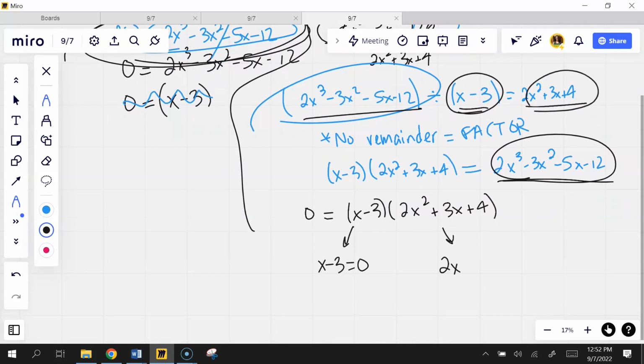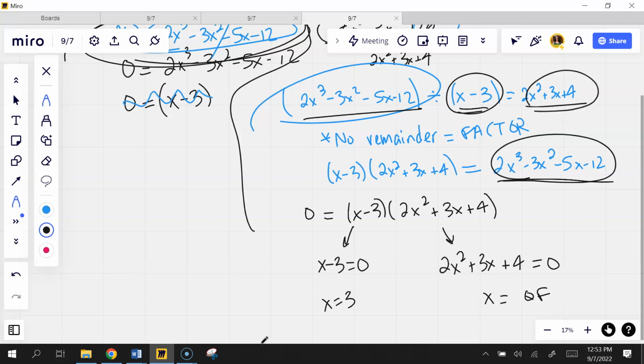Why are you going to distribute? Oh, you got the quadratic formula. Whatever you get when you do the quadratic formula, because it doesn't factor, right? Y'all, are you following me? Nothing multiplies to 8 but adds to 3, so it's not going to factor for us.